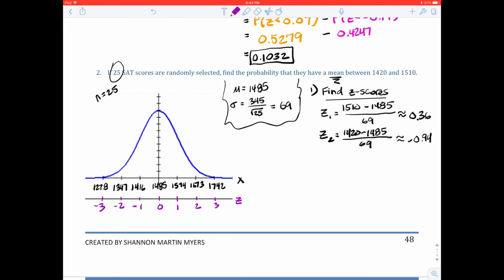Oh, that didn't turn out very well. And then we'd have that upper boundary was 0.36, so that'd be about here. Good so far?